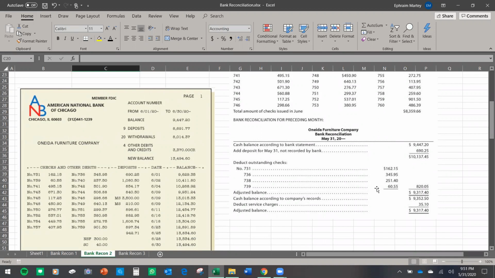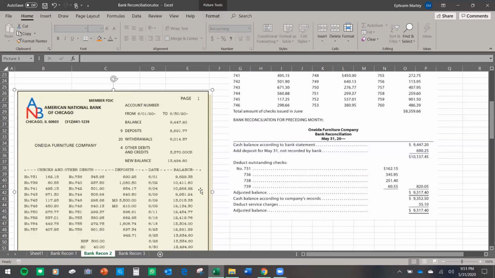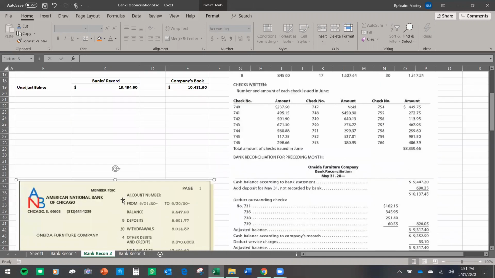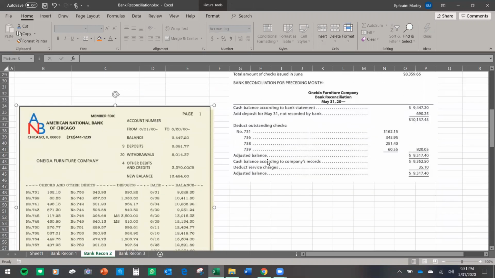So going back to check on May, we have to double check with the bank to see if everything we cashed out or checks we signed out appeared on the bank statement. If it doesn't, then we have to correct the bank. So we'll go one by one.